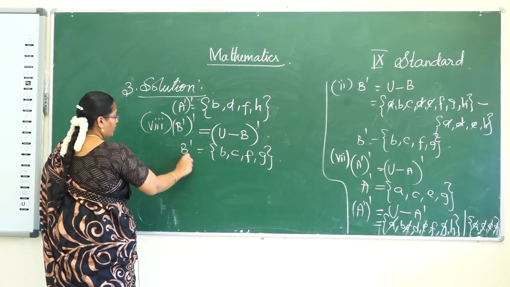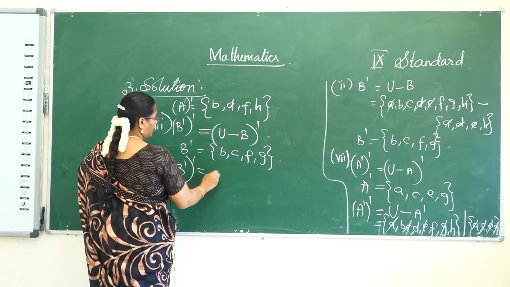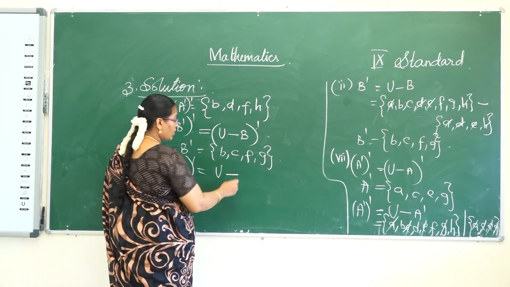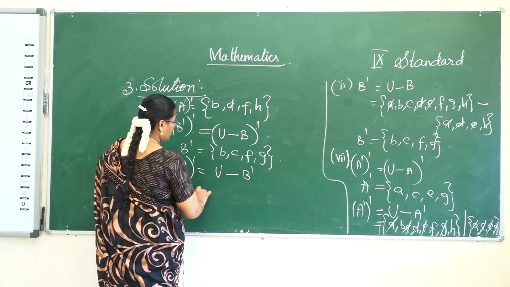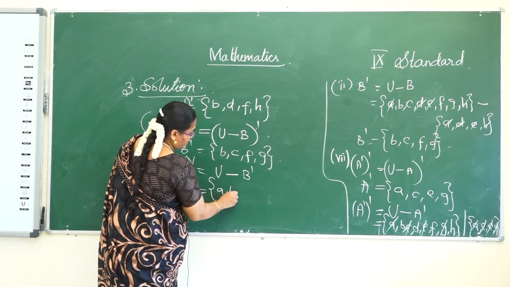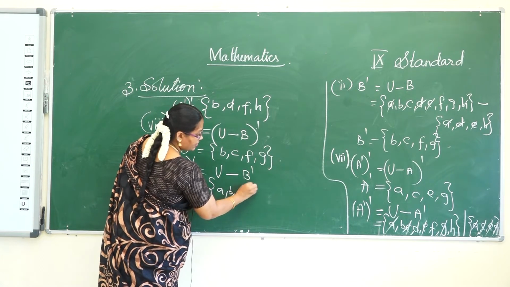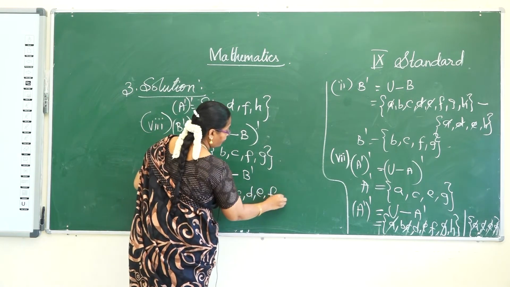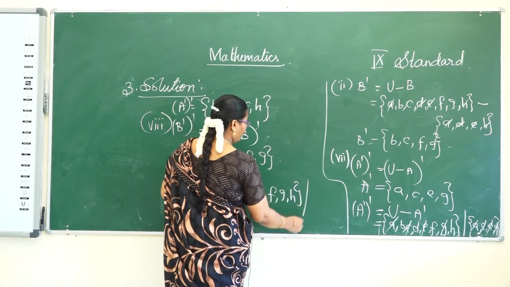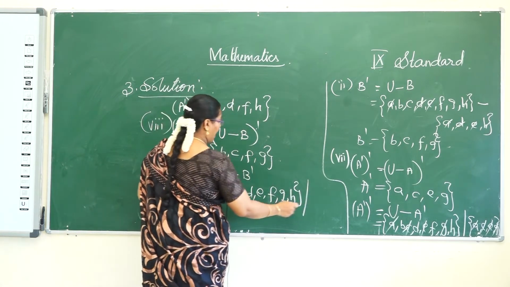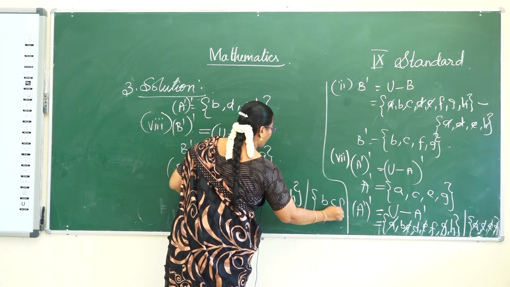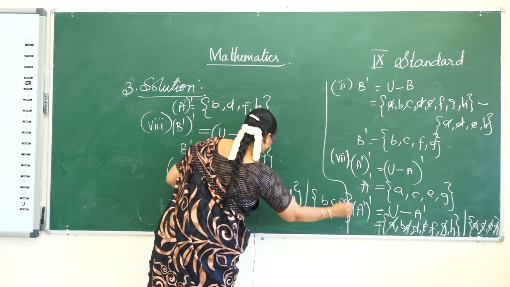So B complement, the whole complement, is equal to U, universal set difference of B complement. So the universal set values are A, B, C, D, E, F, G, H. The set difference of the elements in set B dash, which contains B, C, F, G. Okay.